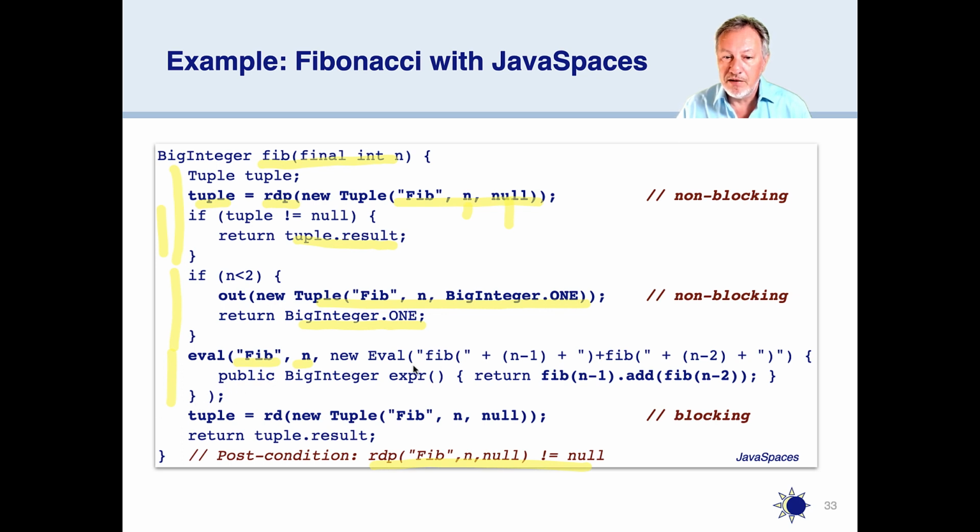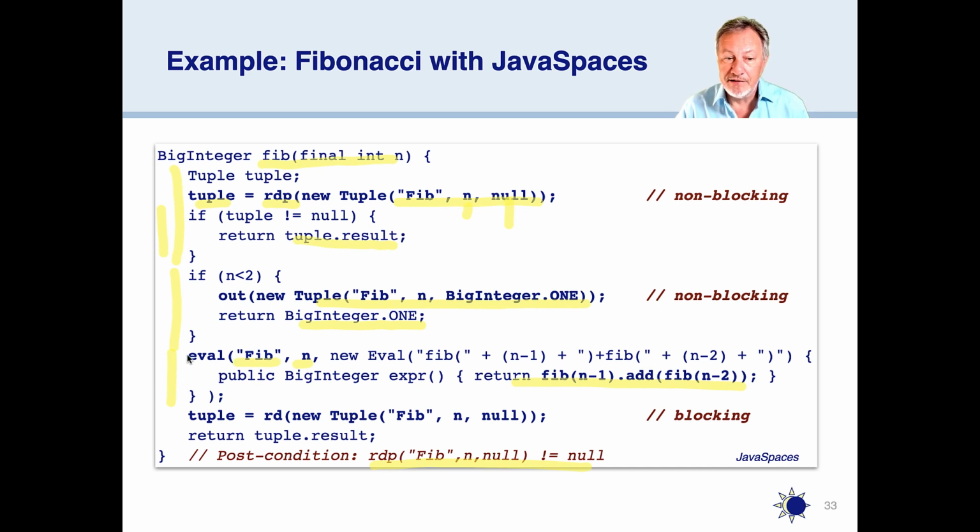It's going to run this bit of code here, which is an eval, and it's going to return the Fibonacci of n-1 and Fibonacci of n-2. So it's going to find those two and add them and return that. Notice that this value that was computed is also going to be output to the tuple space.